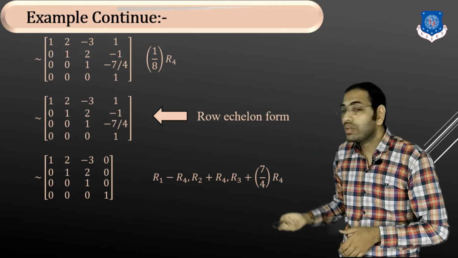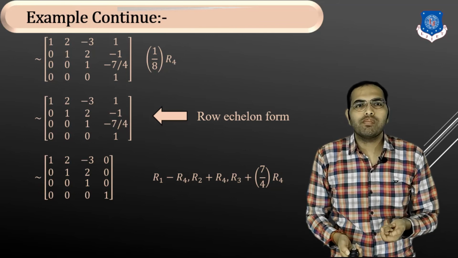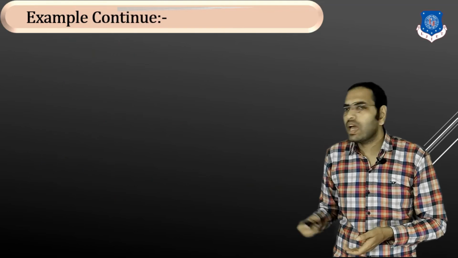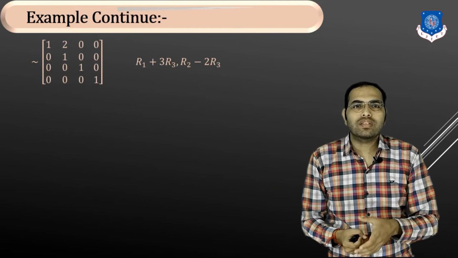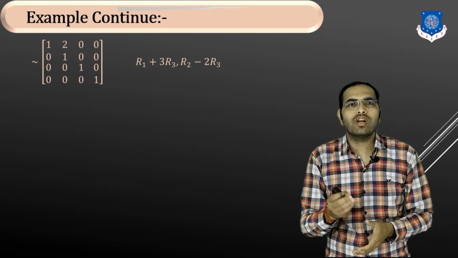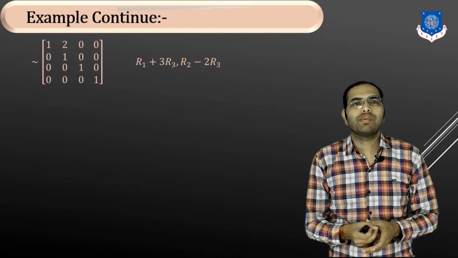Now, the third column has a leading 1, and making the remaining terms 0 with R1 plus 3R3 and R2 minus 2R3, that will give you 1, 2, 0, 0, 0, 1, 0, 0, 0, 0, 1, 0 and 0, 0, 0, 1.